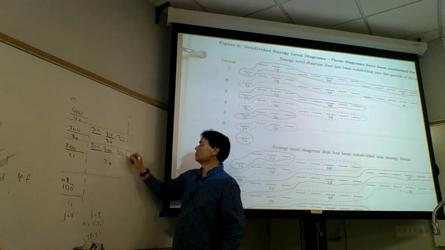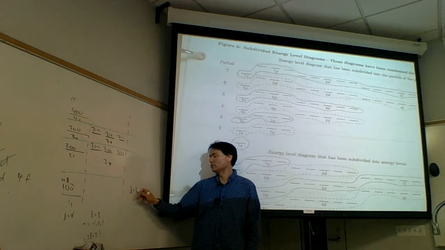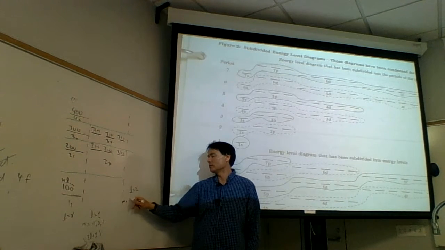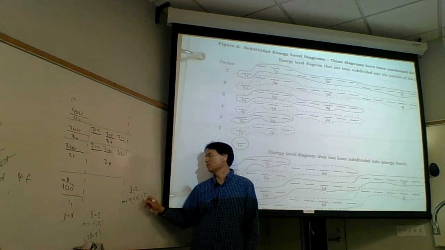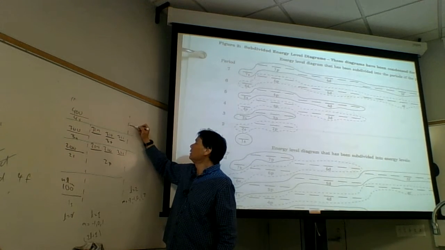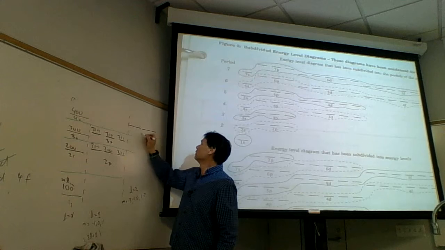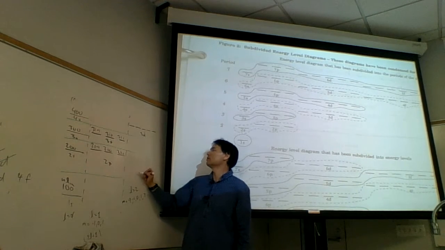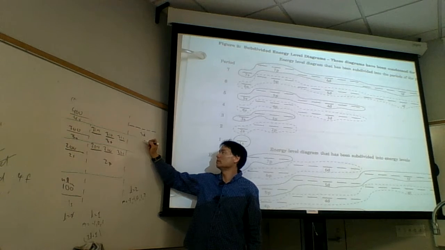I have this divided in terms of L. 3D is L equals 2. The m values are going to be -2, -1, 0, 1, and 2. There are 5 orbitals, so the 3D subshell has 5 orbitals. There are 5 different shapes.